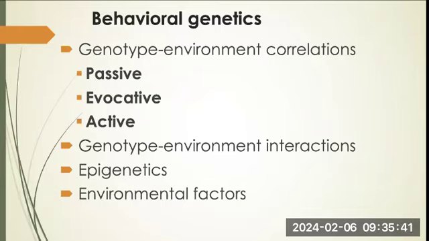Active, to contrast passive and active, is when the child seeks out opportunities. So in the passive one, if the parent said, okay, you're going to learn piano, and the child says, okay. An active child, on the other hand, would say, not only do I want to learn piano, I want to learn how to play guitar, drums, all these other things. It's coming from the person.